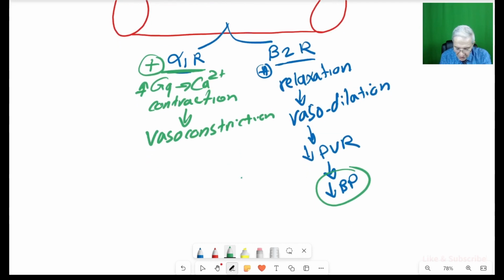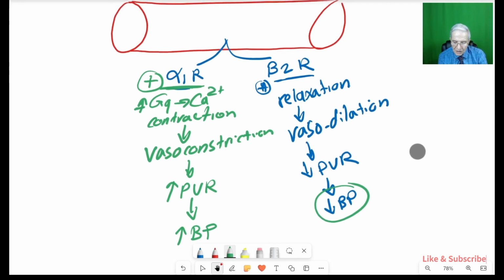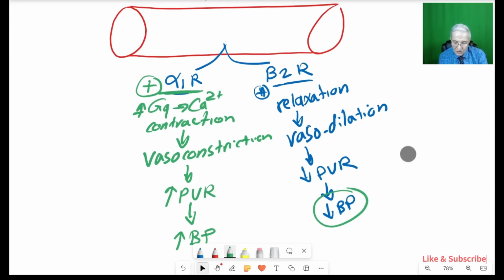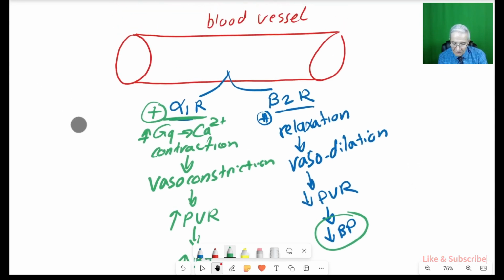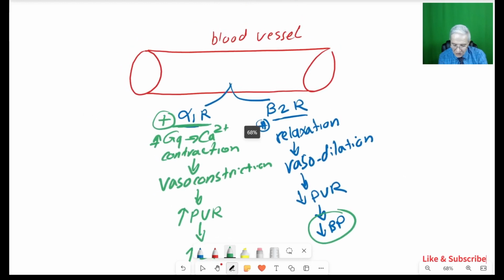This will lead to increased peripheral vascular resistance and increased blood pressure. So we have a balance in normal life between two types of receptor in the blood vessels: alpha 1 receptor and beta 2 receptor.